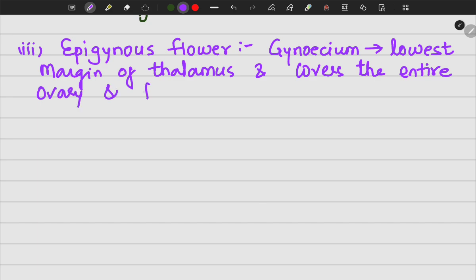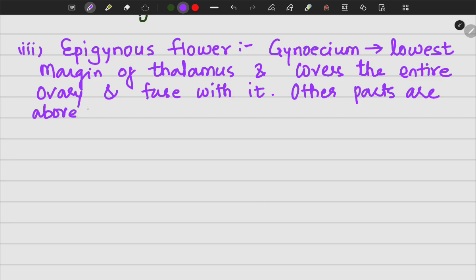And also fuse with it. And the other parts are above the ovary. Such a flower is called epigynous flower.